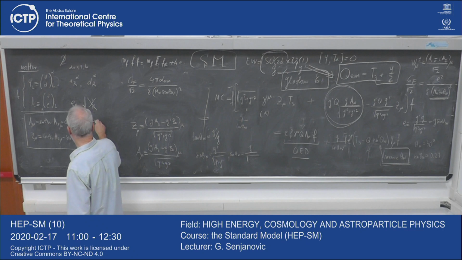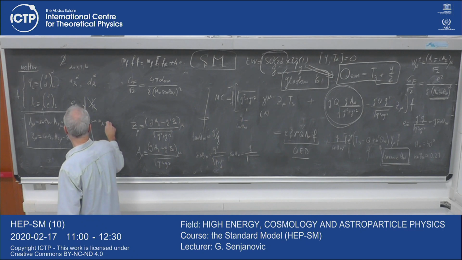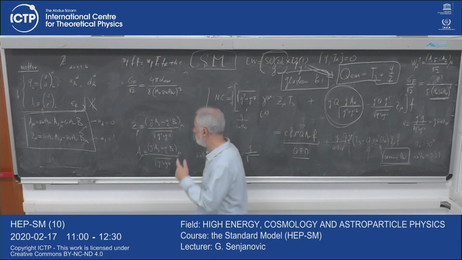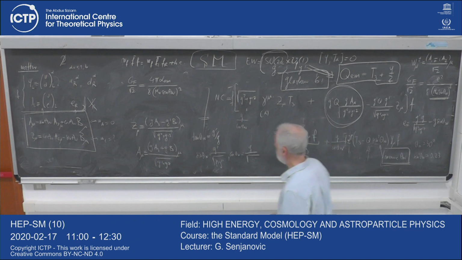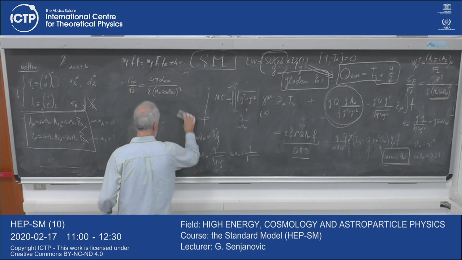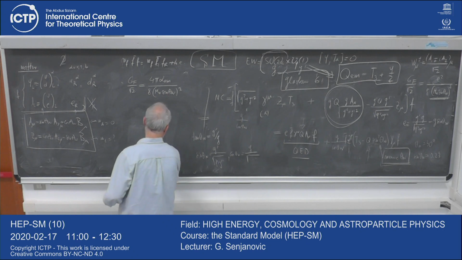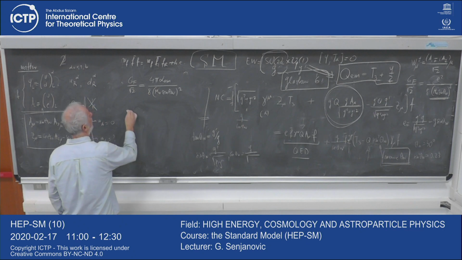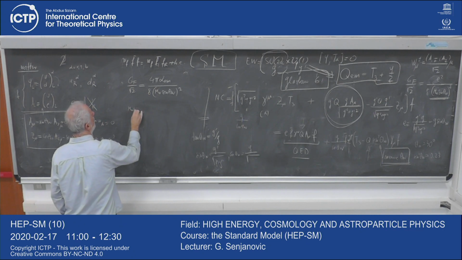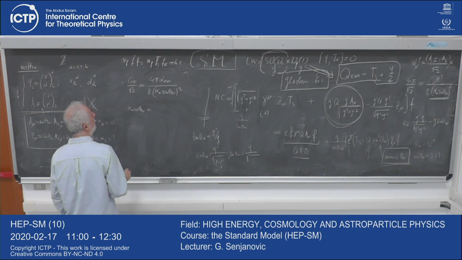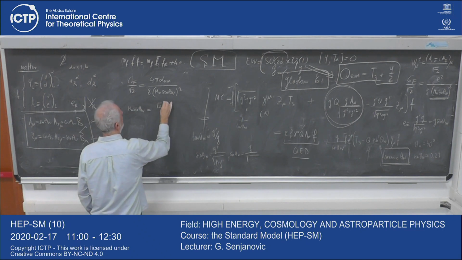In this case, I must postulate that M_A is 0. In this case, I must postulate M_Z, whatever experimental. But just to appreciate what people found very exciting, I can now write that M_W sine theta_W is the square root of 2.